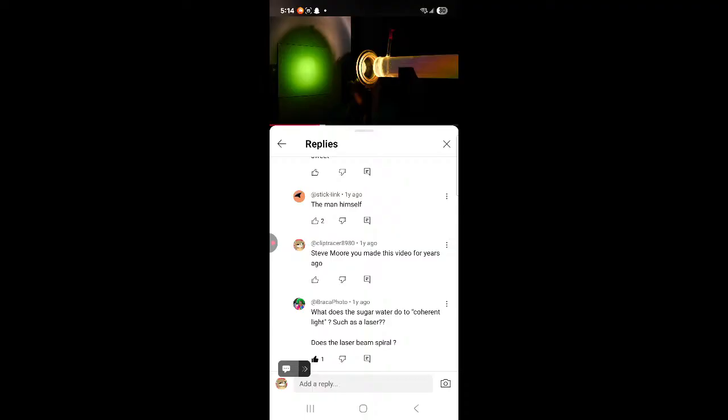The thing about lasers is that they probably would change the structure of the sugar in the tube as well. I'm pretty sure. You would get some serious, what do you call it?